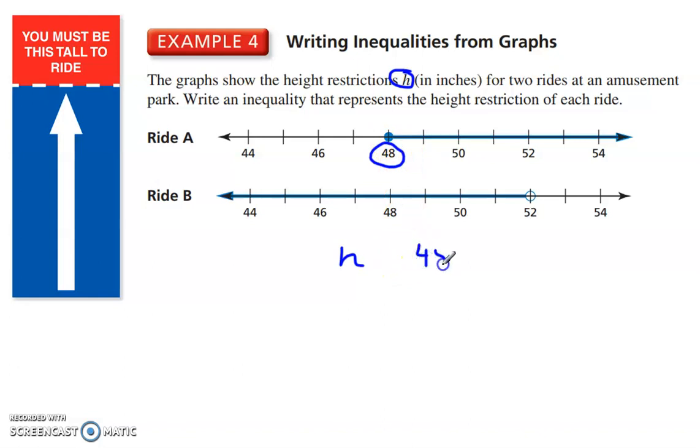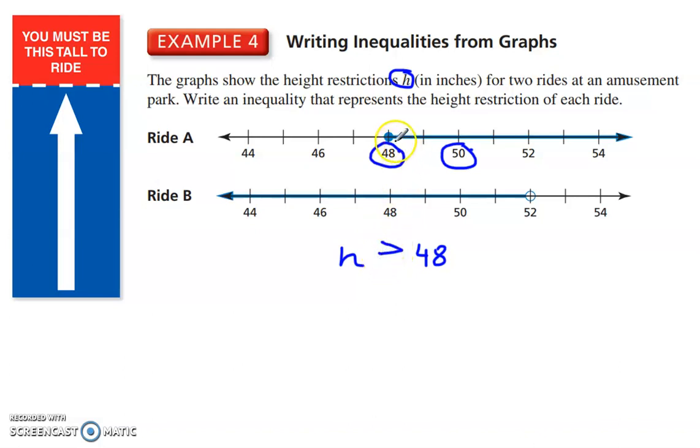Now I need to decide, is h greater than, less than, greater or equal, or less than or equal? Okay, well, 50 is part of the solution set, right? The arrow's over here. Is 50 greater than 48, or is it less than? 50 is greater than 48, so I'm going to say greater than.